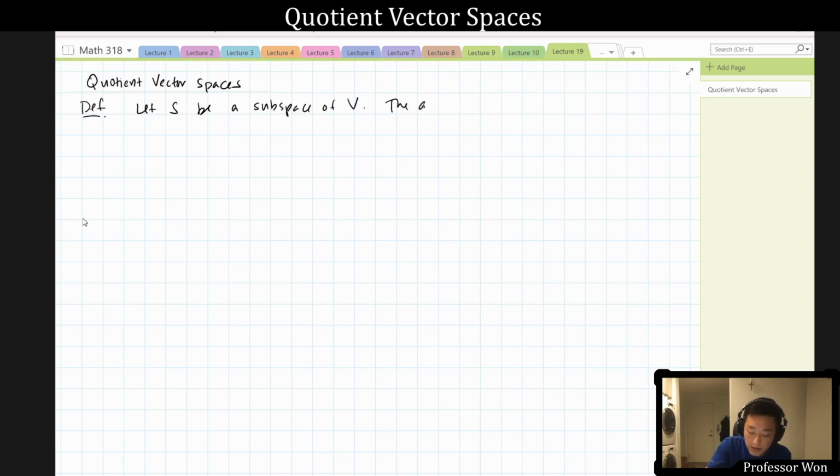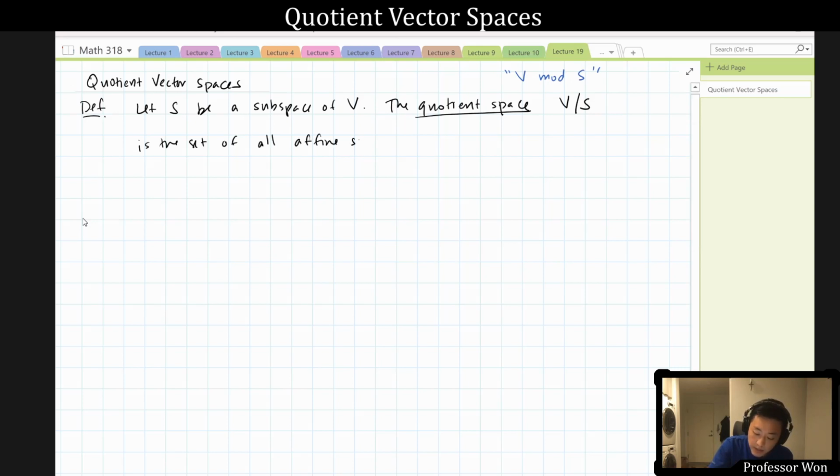Then the quotient space V mod S, that is how you read it, V mod S is the set of all affine subspaces of V which are parallel to S. Remember, the affine subspaces parallel to S were just some vector plus S, right?